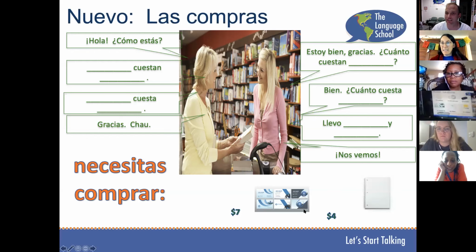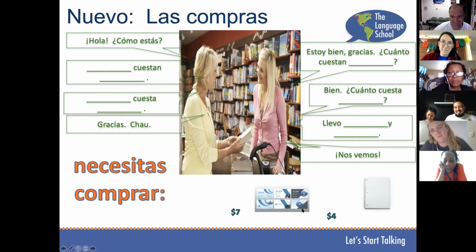Muy bien. Las tarjetas de negocio cuestan $7. Muy bien.